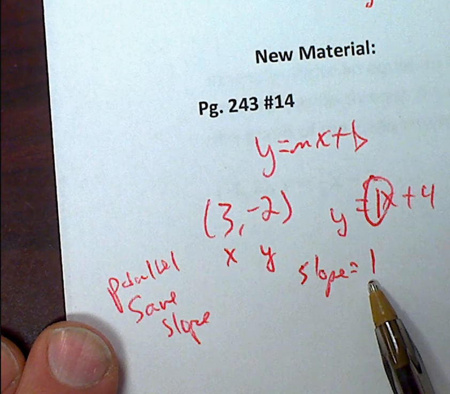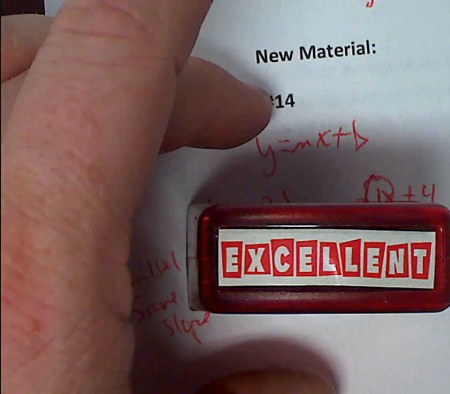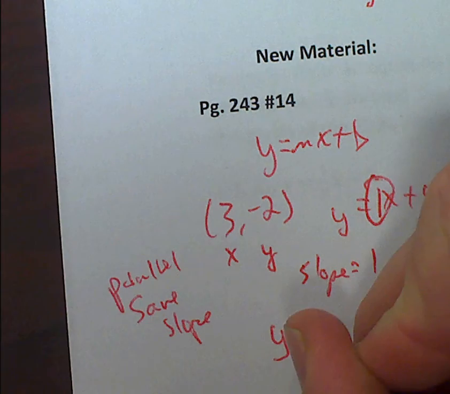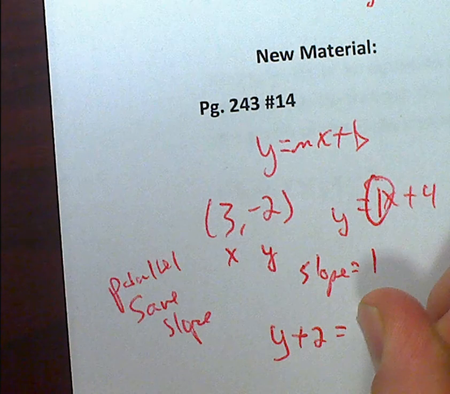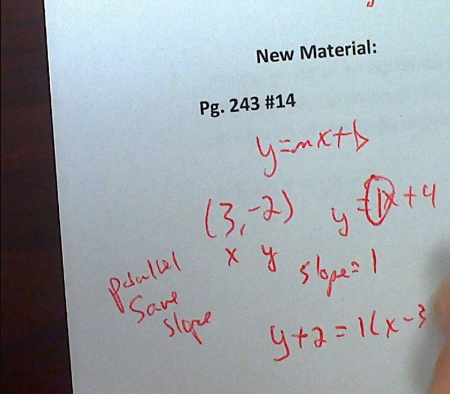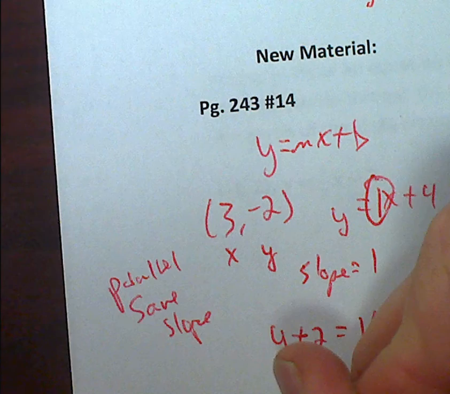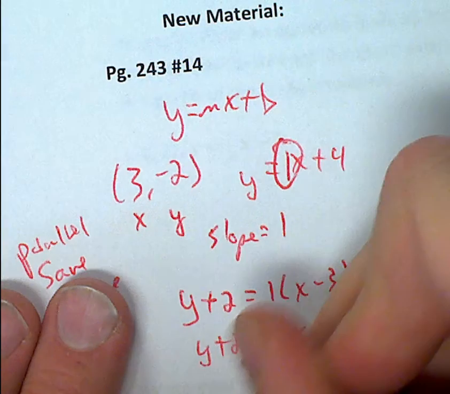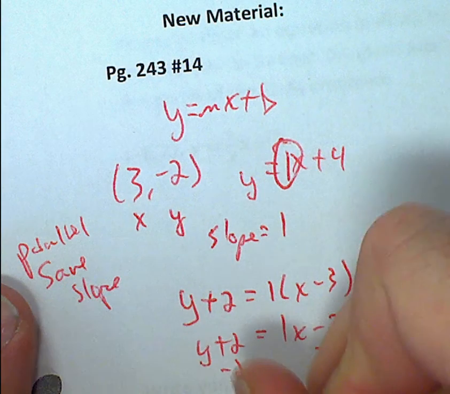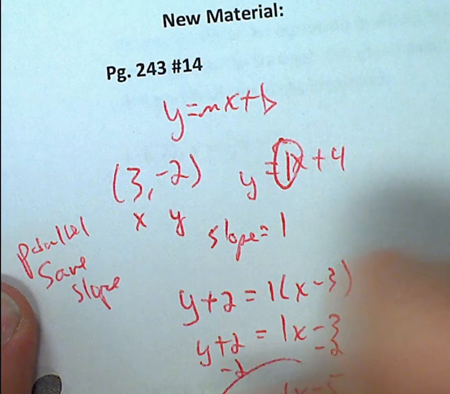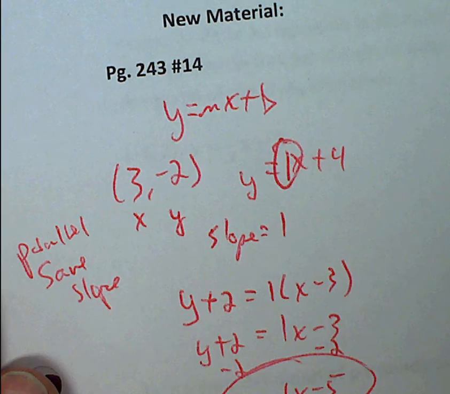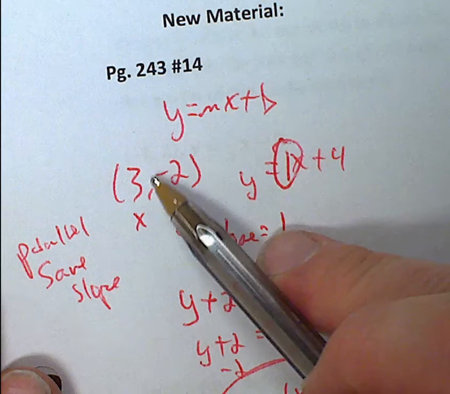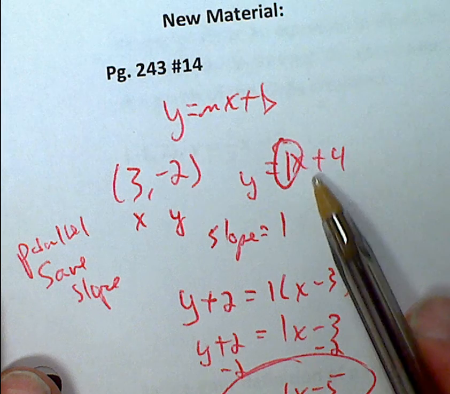Use point slope. y plus 2 equals 1x minus 3. Minus 2, y equals 1x minus 5. This is the line that is parallel, going through this point parallel to that line.